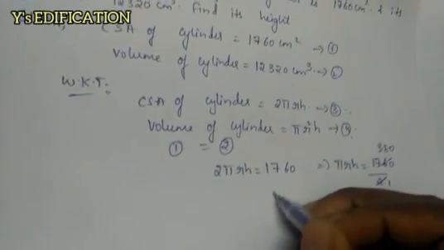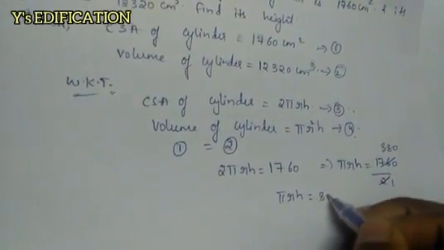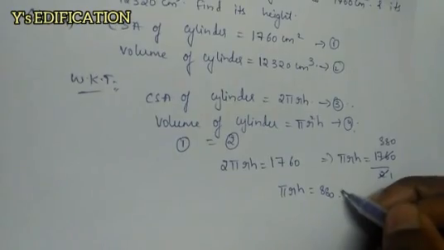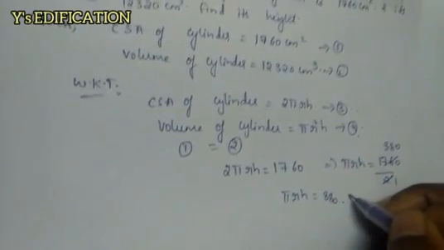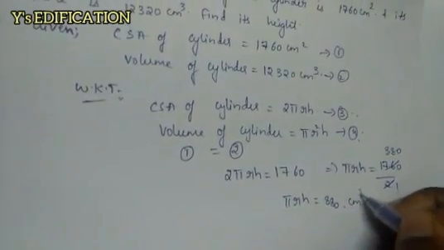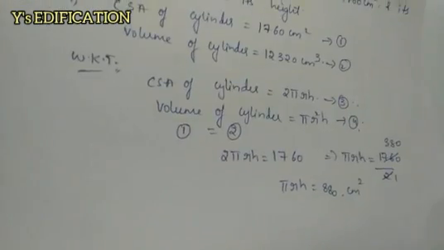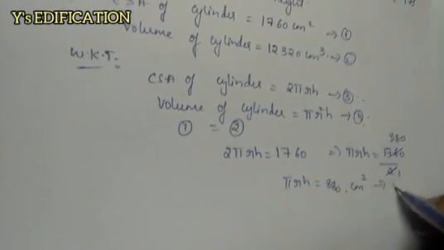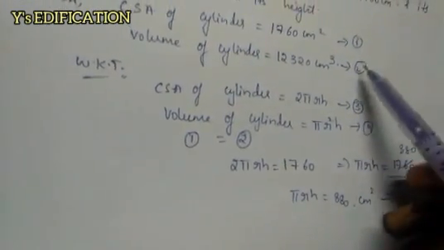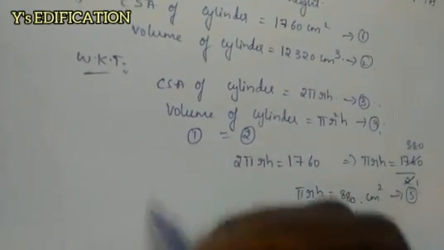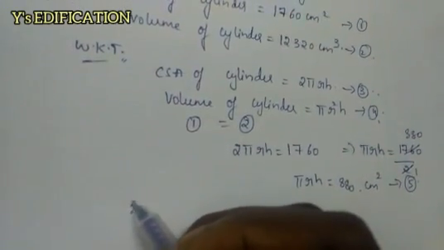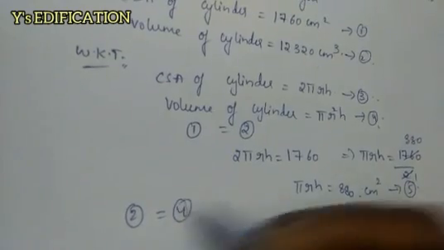That means pi r h is equal to 880 centimeter square. Take this as equation number 5. Next, equate equation 2 and equation 4.